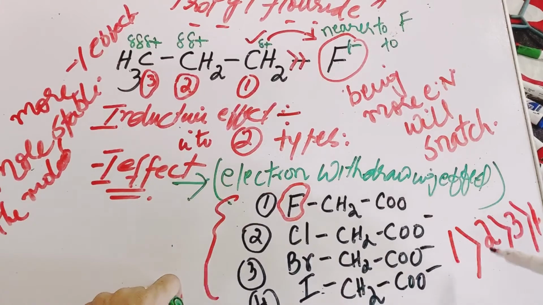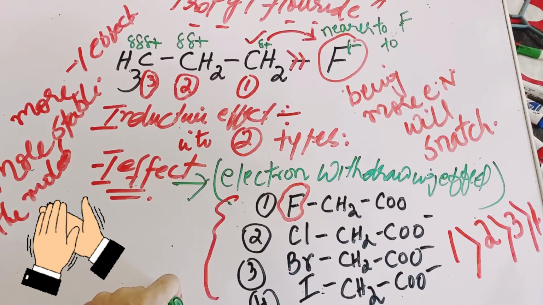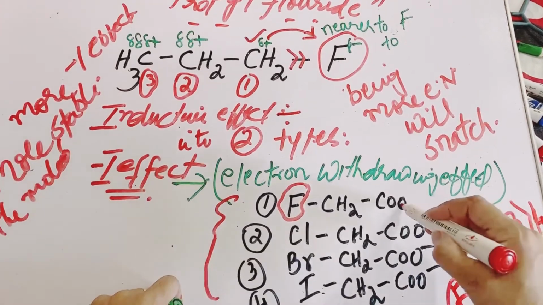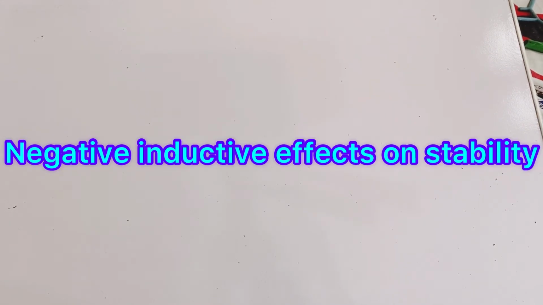F would be the most stable, right? Here F would be the most stable. You just need to memorize a series to understand, for some examples, the negative inductive effect on the stability of the molecule. That would be helpful to memorize the stability order, because questions may come to you asking you to explain the stability order of compounds, with different examples.